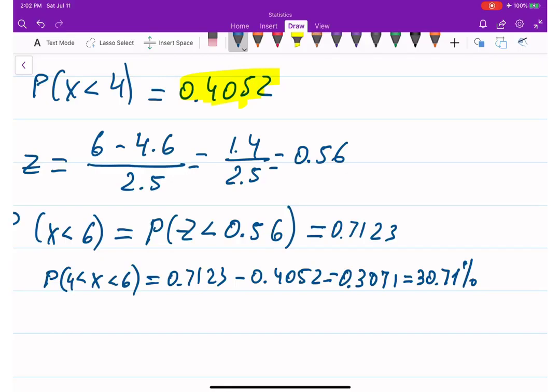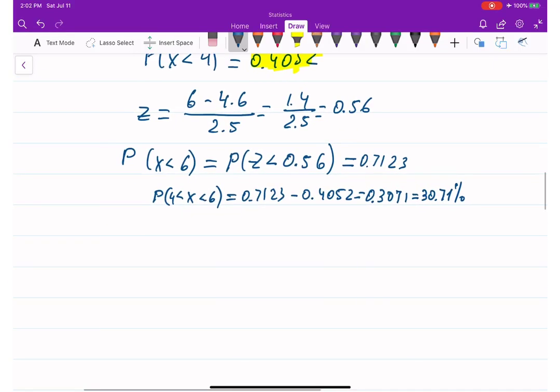So, in the last question, question C, find the probability that x is more than 8. Okay.